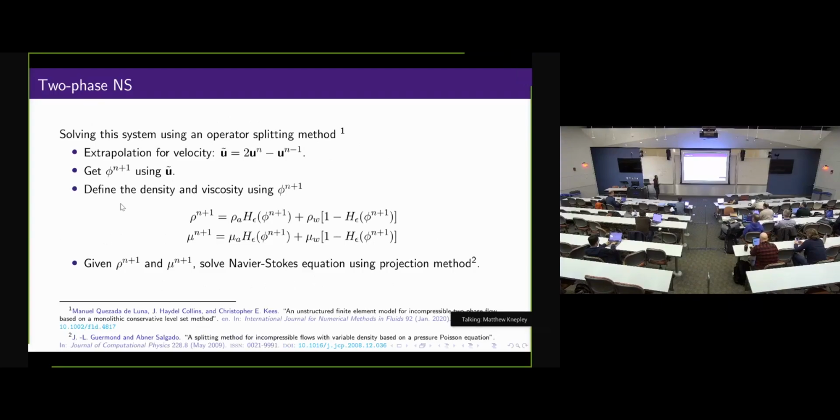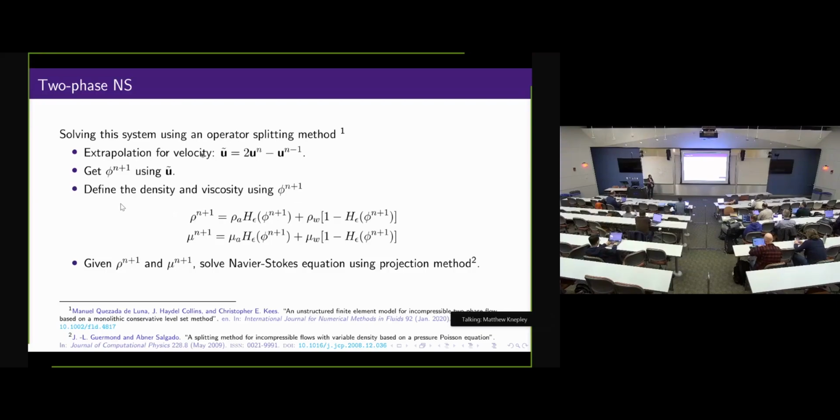And the way it is solved, as explained in the paper, the idea is you use an operator splitting method. First you extrapolate the velocity using the velocity at time level n-1 and time level n.